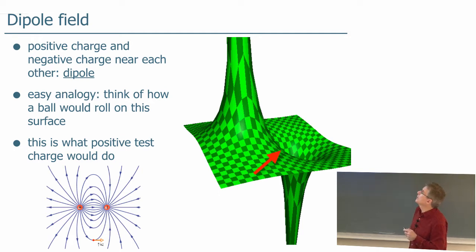If you try to imagine putting a charge here, it would fall away from the positive charge, right? Or if it's halfway in between the positive and negative, that's where the surface is the steepest. The steepness of the surface here represents the strength of the electric field. In some ways, this is a more intuitive way to represent a dipole field.